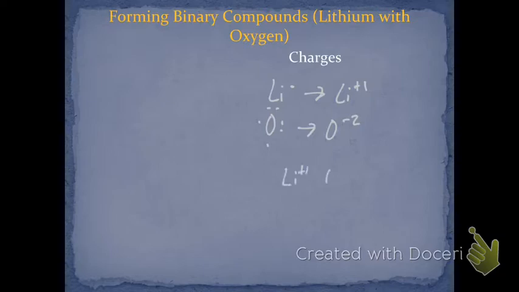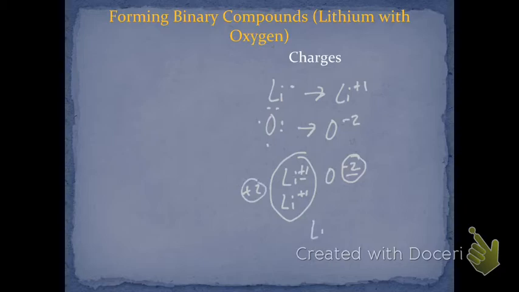Remember, when we combine these two, we want them to be neutral. But if I have a +1 charge and a -2 charge, you'll see that it's not going to be neutral. And so what we need to do is add a second lithium, because that adds another +1 charge. So the total here is now +2, which will neutralize the -2 on oxygen.